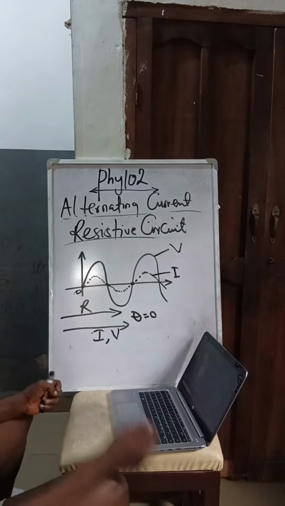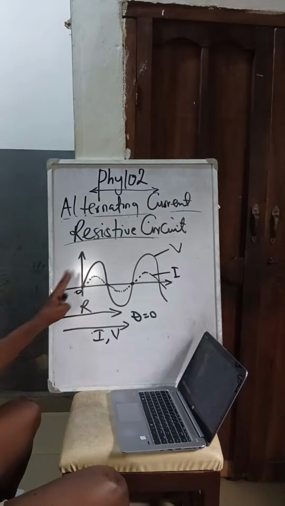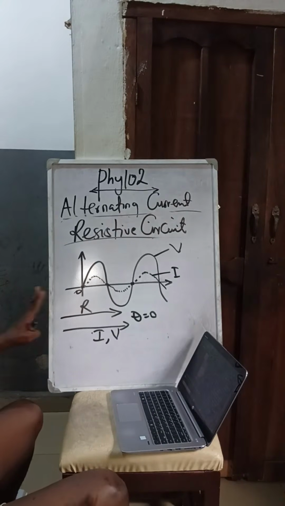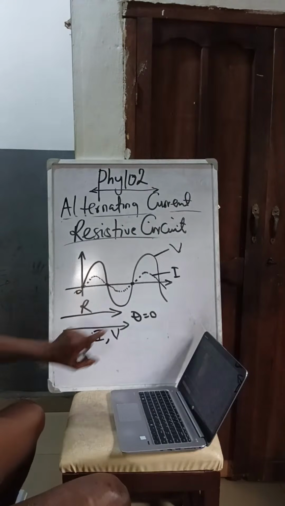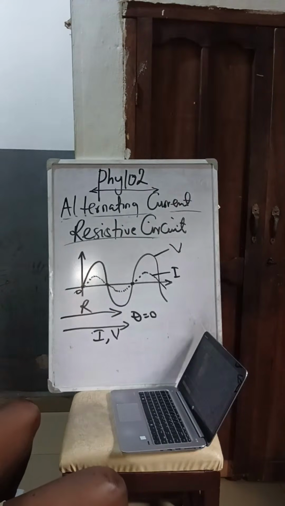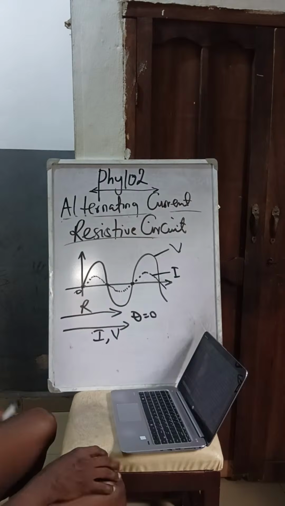Okay? So that is how the thing goes. Now let's see. I hope you understood this graph. This graph shows that they are in phase. This is the phasor diagram, and this is the current and voltage waveform. You understand? When you see this type of waveform, you call this a resistive circuit.